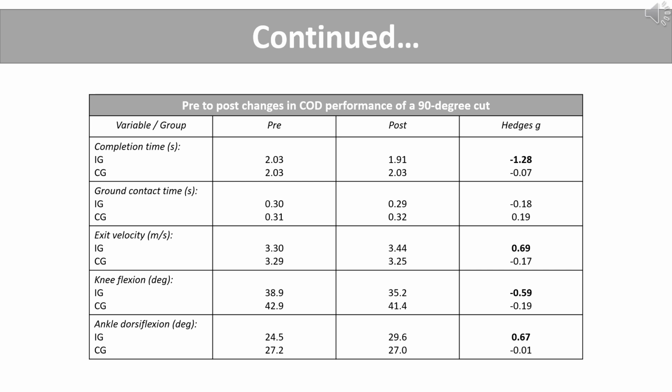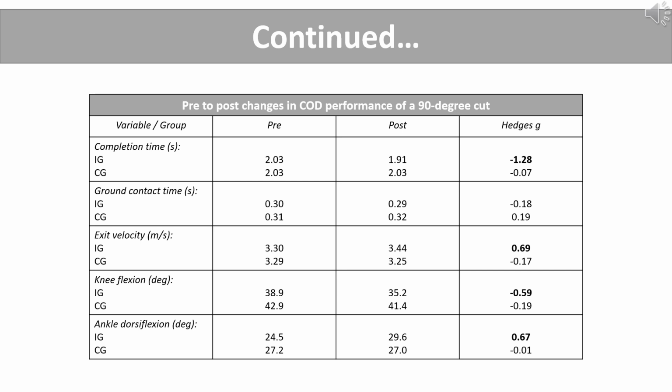Surprisingly though, we actually got a greater ankle dorsiflexion, which I think is quite hard to explain, because the knee is essentially a byproduct of what goes on at the hip and the ankle, given how that joint is built. It's difficult to understand how you would get much greater ankle dorsiflexion without some degree of increased knee flexion.